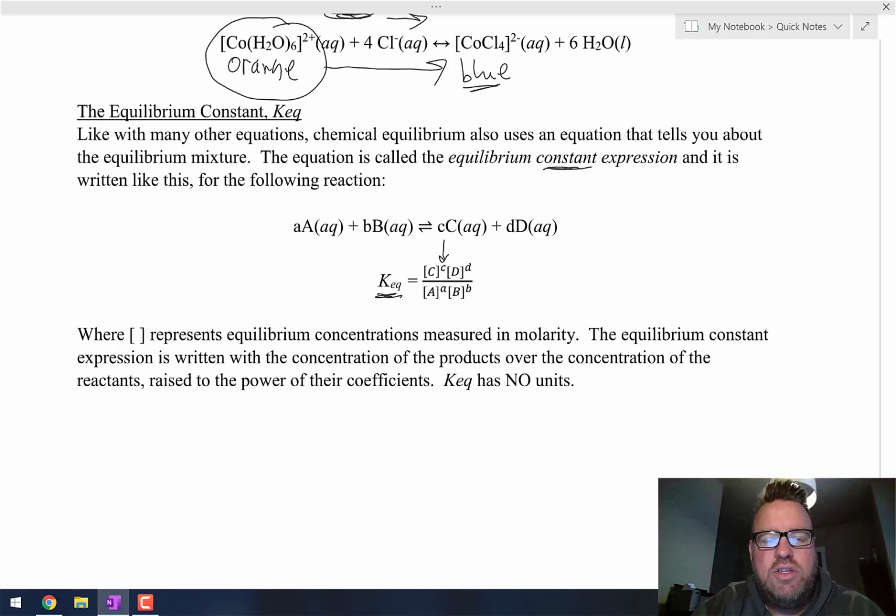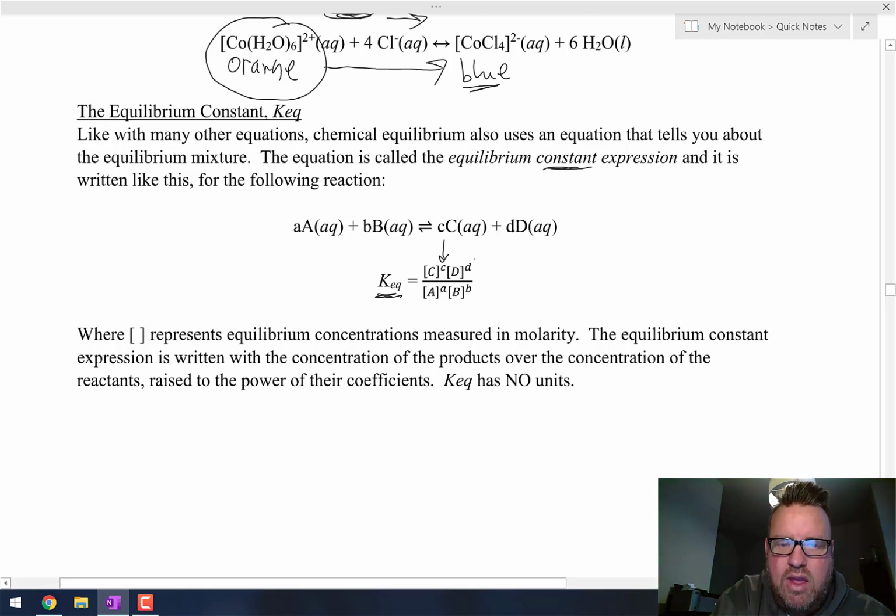So it's the concentration of C raised to the power of its coefficient times the concentration of D raised to the power of its coefficient, and those are the products, over the concentration of the reactants. So the concentration of A raised to the power of its coefficient times B raised to the power of its coefficient.